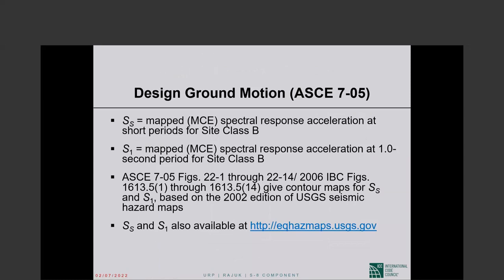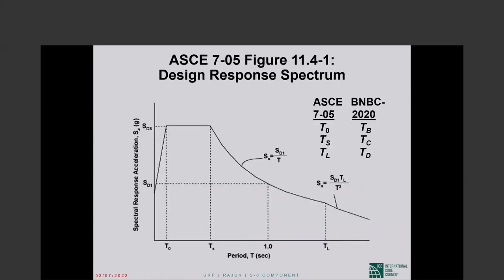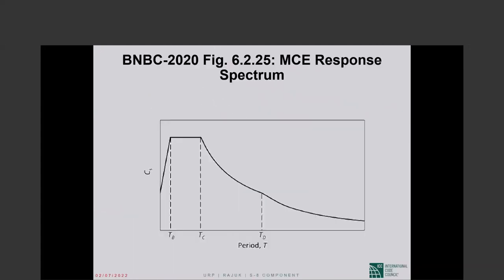Now, the ASCE 7 spectrum, as you saw, is defined in terms of S sub ds and S sub d1.